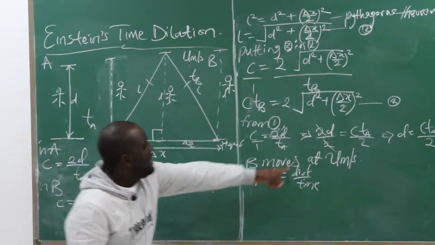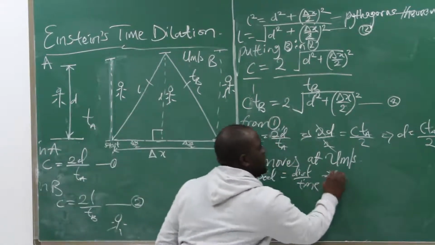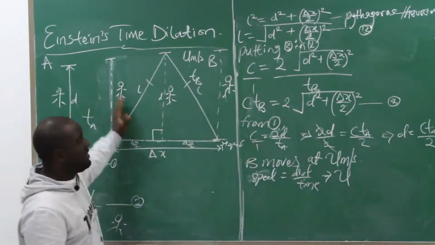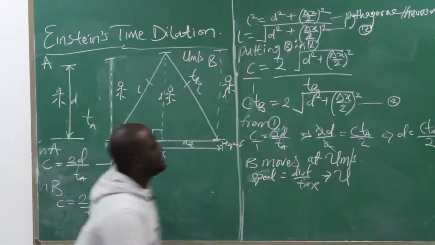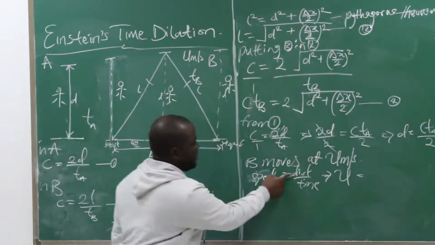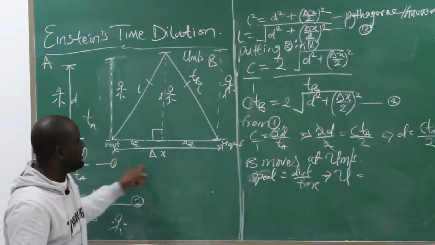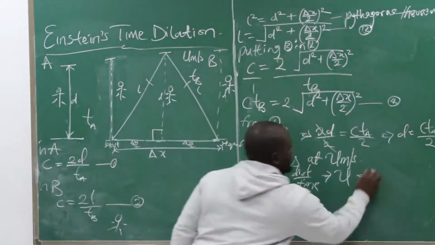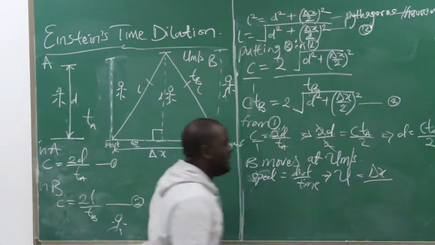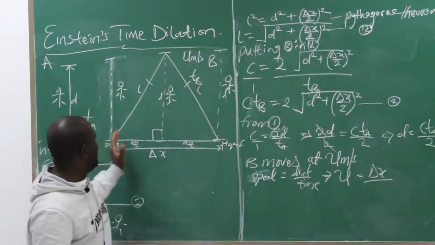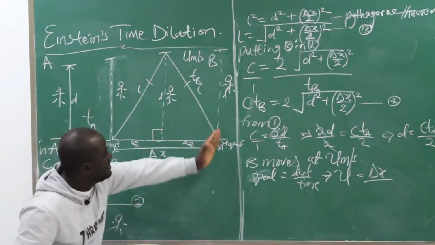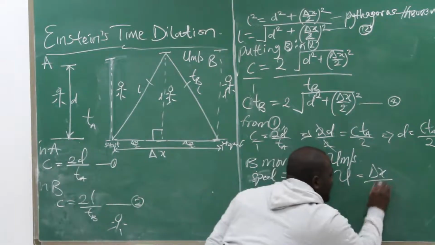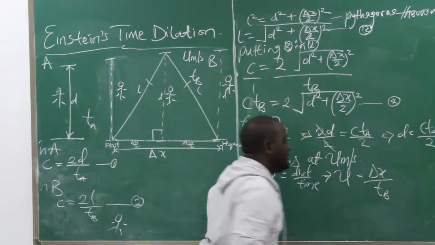Now, his speed is what? U. That's the speed of this car which you're in. U is equal to, what is the distance? Now the distance is delta x, all over, what is the time? The time is TB, which he saw this thing move here and here. So we have TB here.